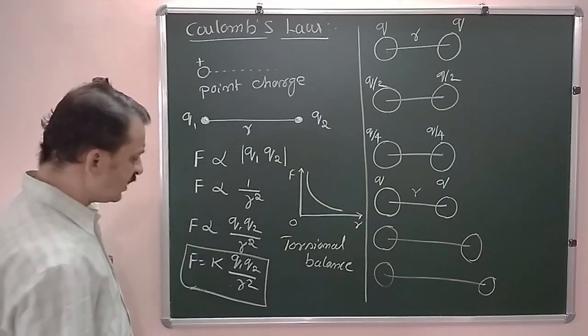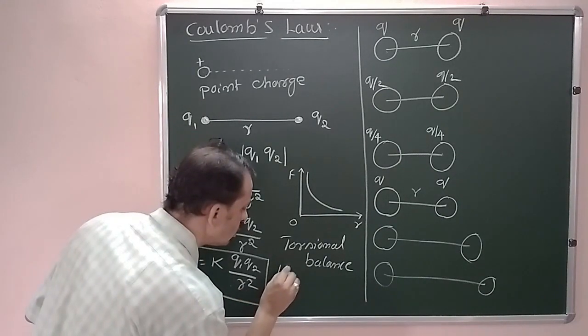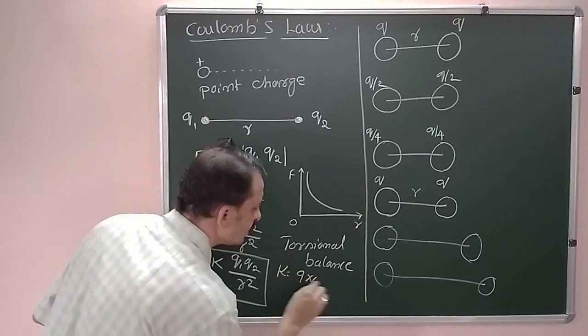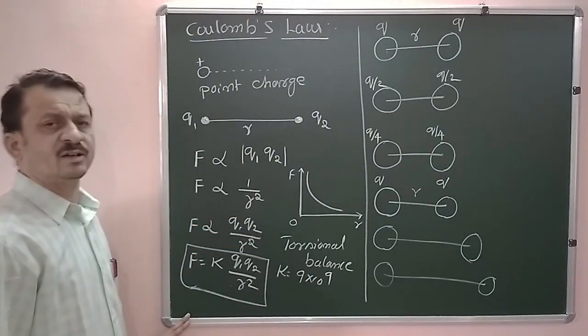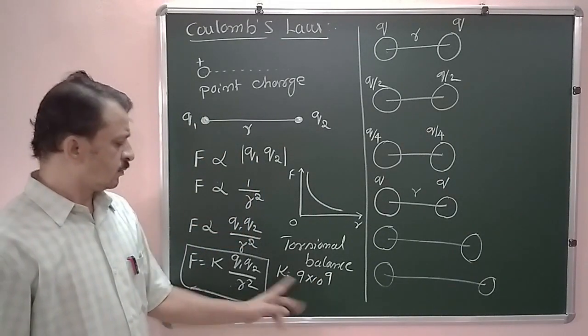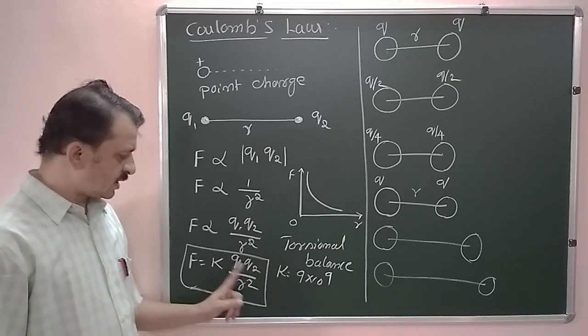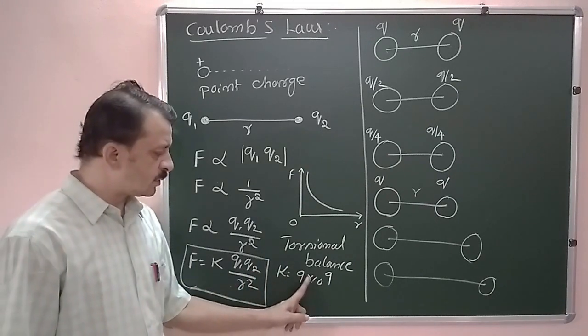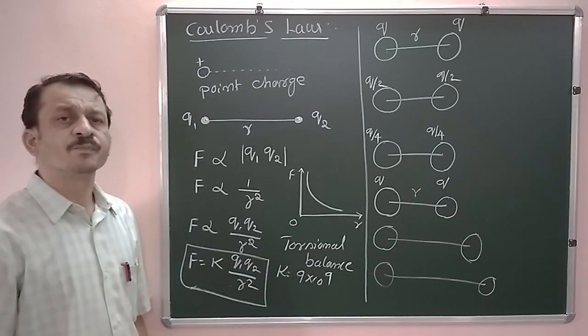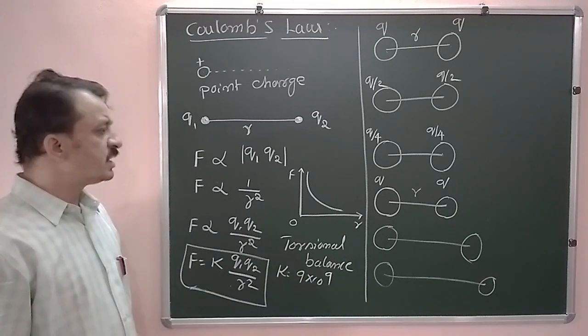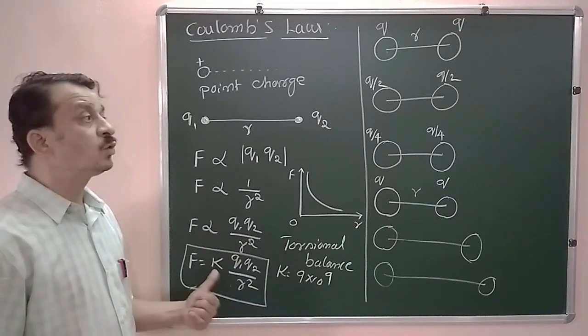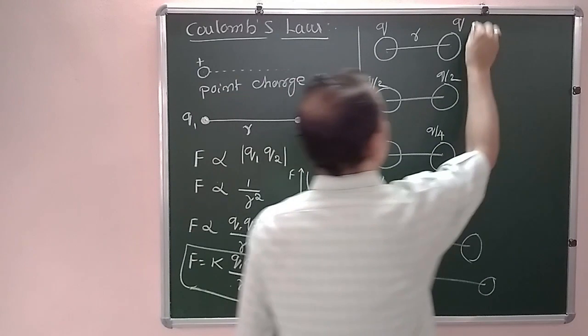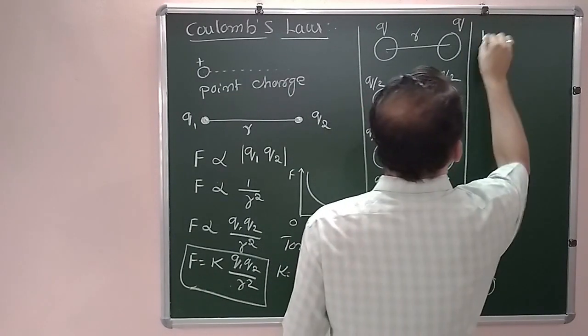Now, in SI units, the value of K is found out. If you take SI units, then the K value is found to be 9 into 10 to the power of 9. With that, he is going to define 1 coulomb. Now, how are you going to define 1 coulomb?